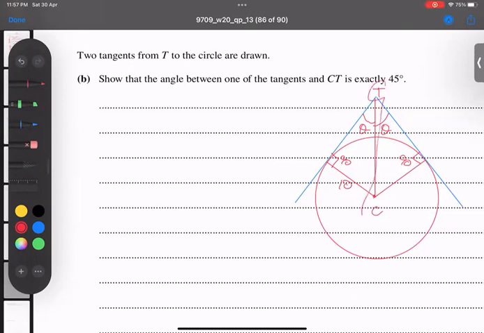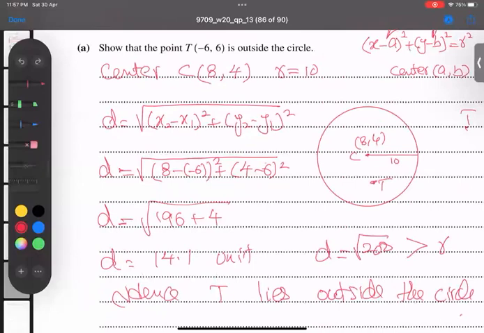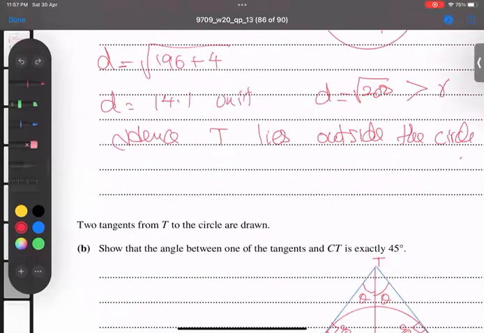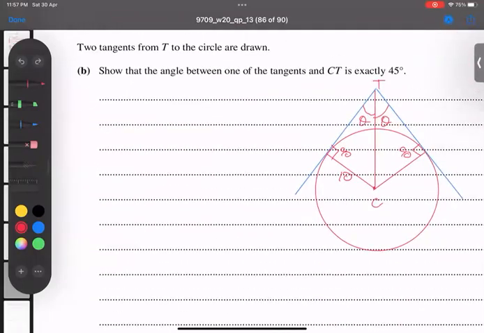CT distance we can find easily. We already have CT distance, root 200. This is CT, because when I applied it, I got D. So CT distance I have root 200. So it means I got this triangle.